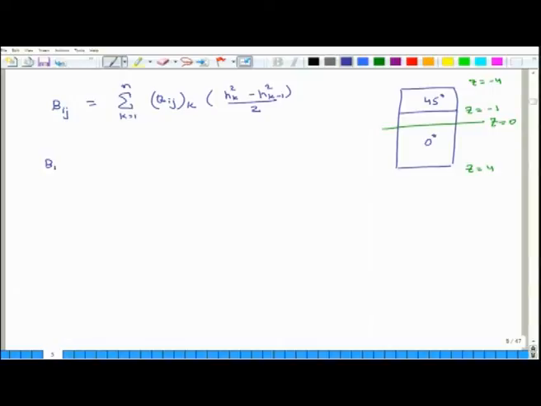So, Bij equals Qij bar for the 45-degree layer times Hk minus Hk minus 1, so it is (minus 1 square minus 4 square) into 1 by 2, plus 1 by 2 Qij bar for the 0-degree layer, and for the 0-degree layer it is 4 square minus 1 square.